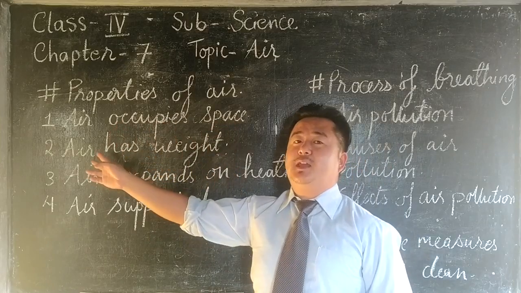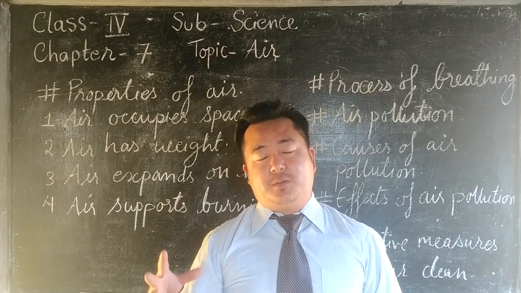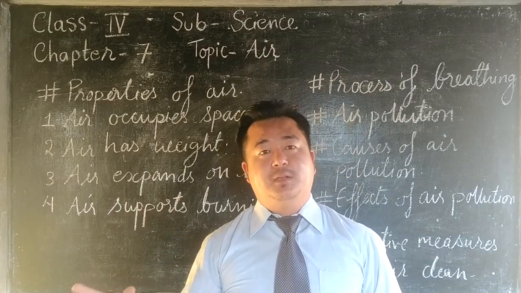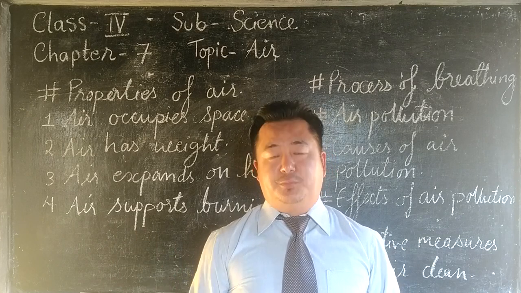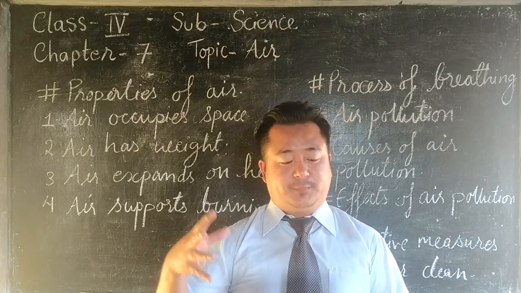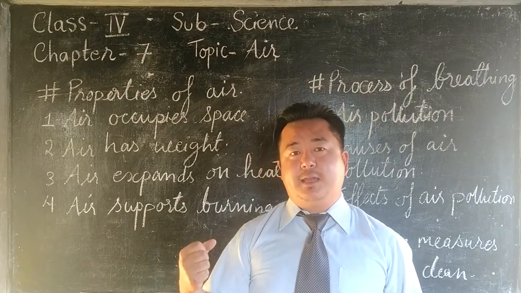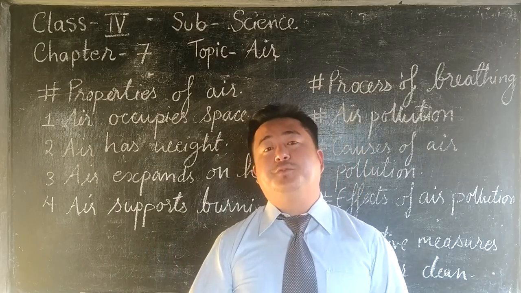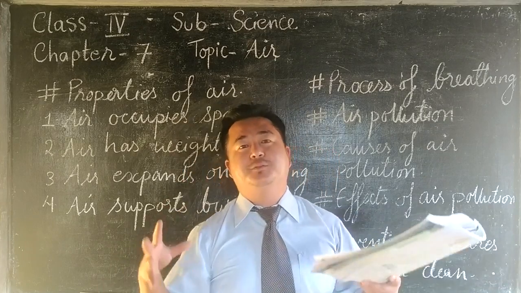And the second one is that air has weight. For this, take an inflated object, for example a blown balloon, a tire or tube which already has air, or a football.